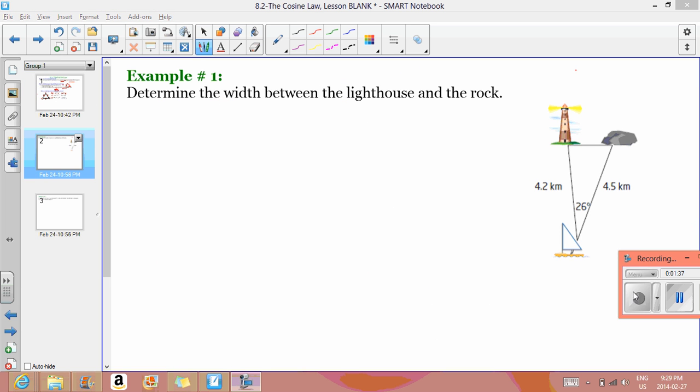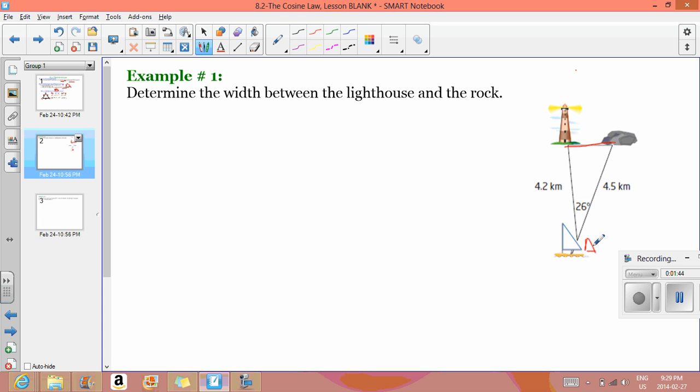So in the first example here, we're looking for the distance between the lighthouse and the rock. So we're looking for this here. First you always want to label your triangle. So A, B, C. It doesn't matter, I could have done A, B, C in a different order, as long as you label the opposite sides with what's there. So this B opposite side would be over here, lowercase c opposite side over here.